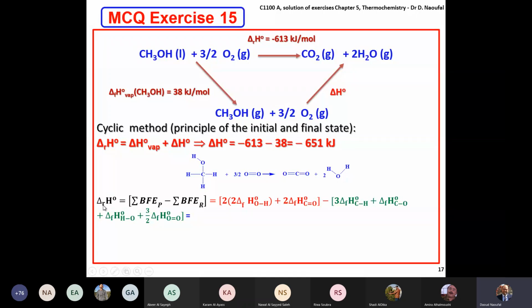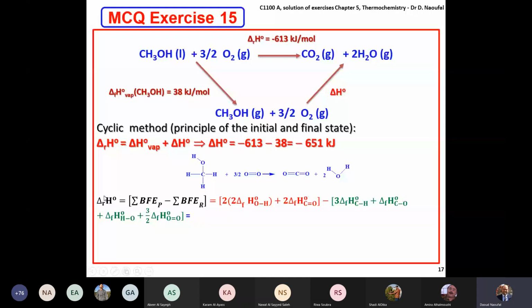So write it: delta H0 is equal to bond energies of formation of products minus bond energies of formation of reactants, equal to 2 OH times 2 plus 2 CO minus 3 CH, 1 CO and 1 OH, and 3/2 O double bond O. We have all data.